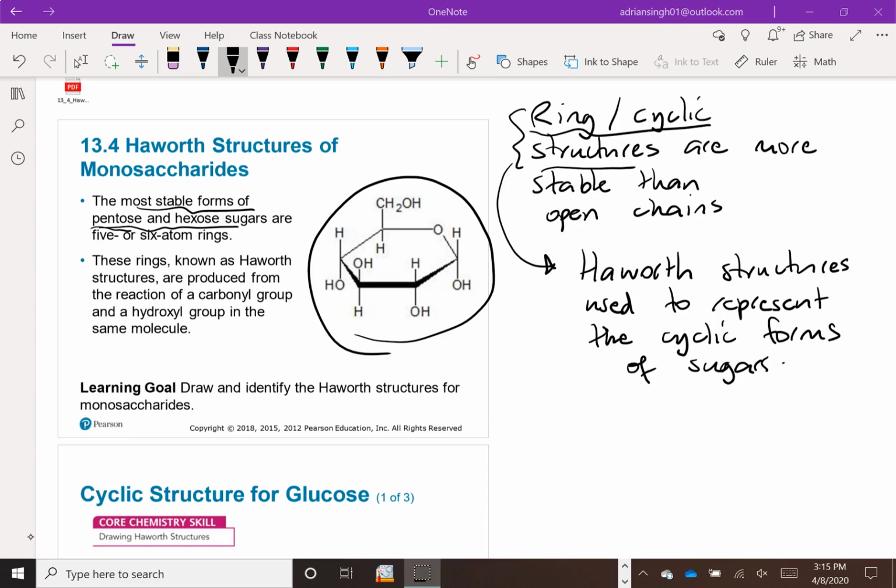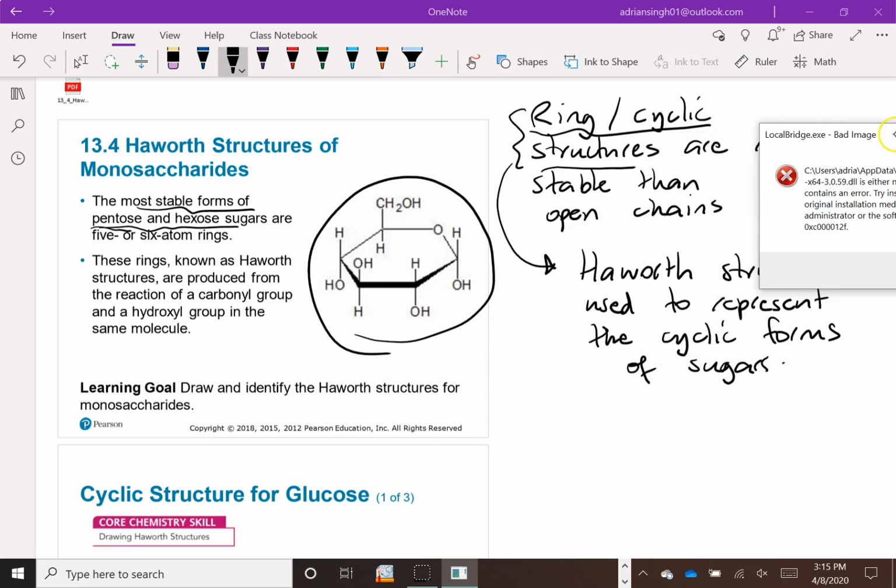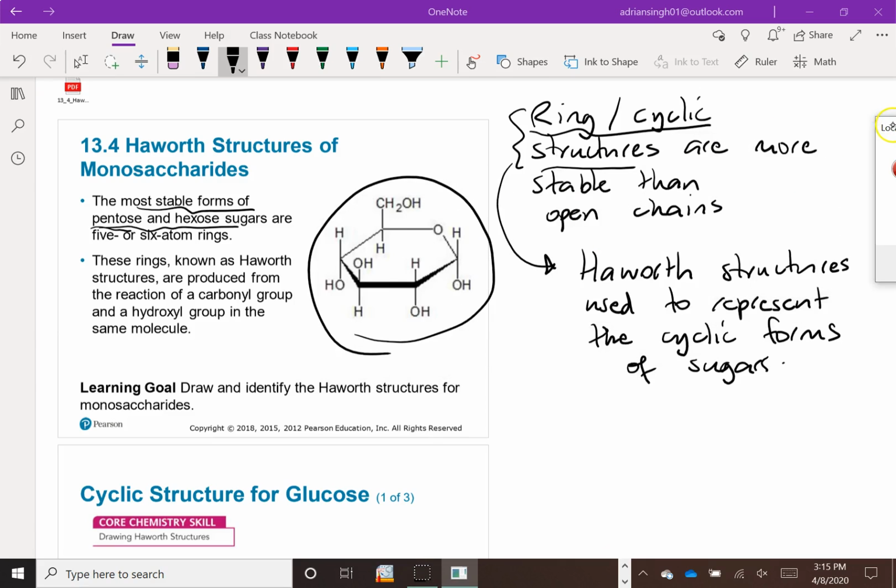And when you look at the Haworth structure, you'll see a couple things. First of all, you'll see that there are OHs and Hs attached to each carbon. So for instance, this carbon here has an OH and an H, and the OH and Hs can either be pointing up or pointing down, right?